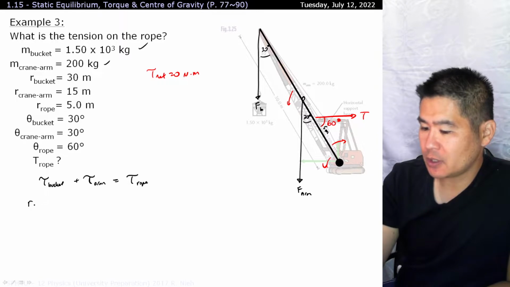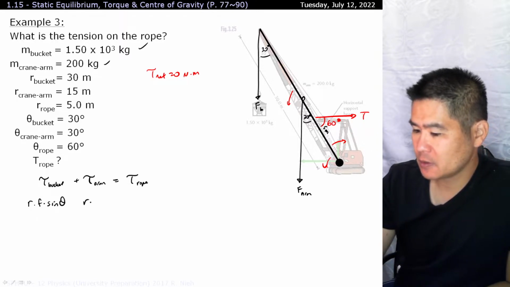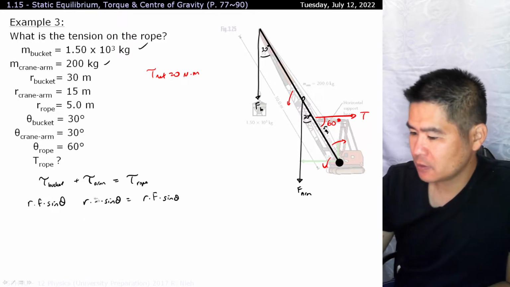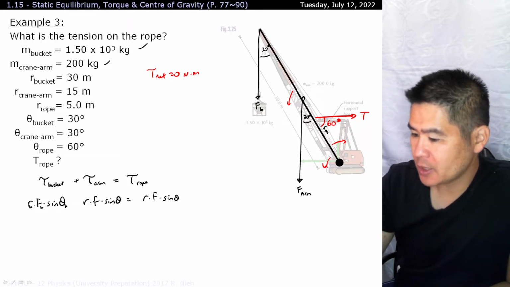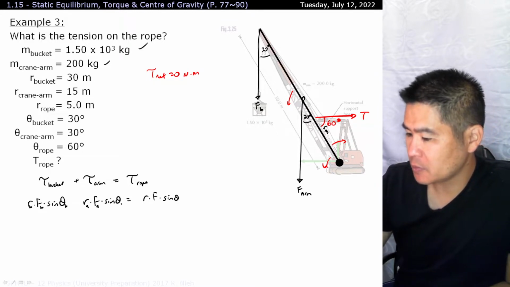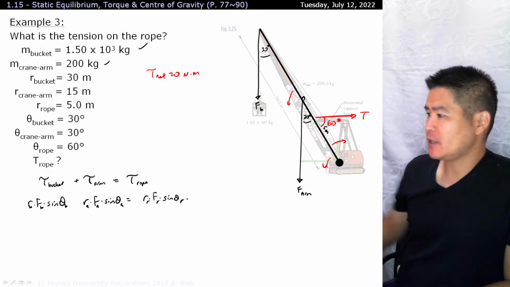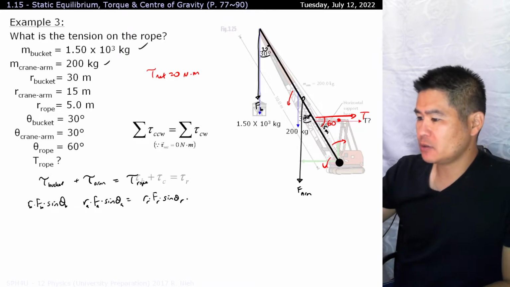Torque is equal to r times F times sine of theta, capital F. There you go. This is bucket, arm, rope. I think I have this all PowerPointed out so that it'll be easier to show.